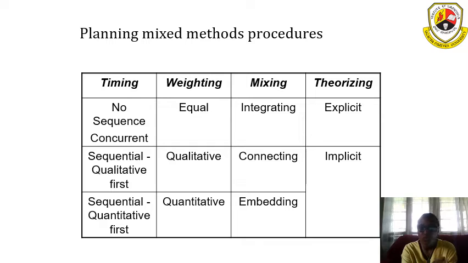Then there's sequential quantitative first. Again, this is when we may start with a survey when you want to explain a relationship or describe something, and then an emerging theme keeps coming up, and then someone says, okay, to understand this a bit better, let me go in with a qualitative approach.